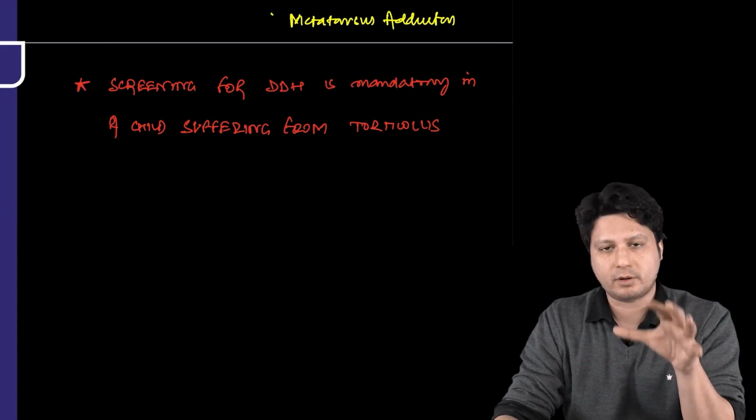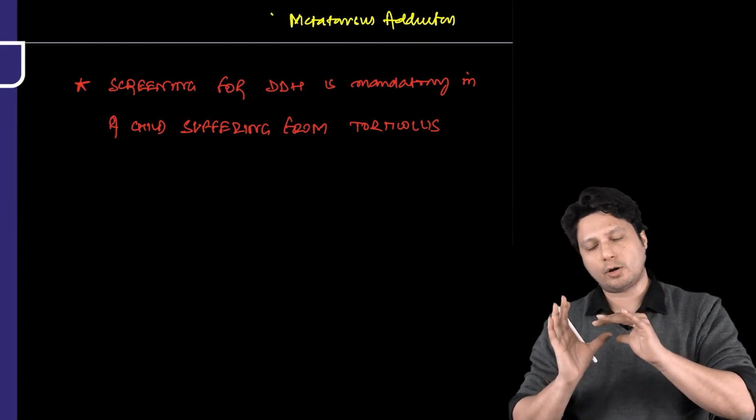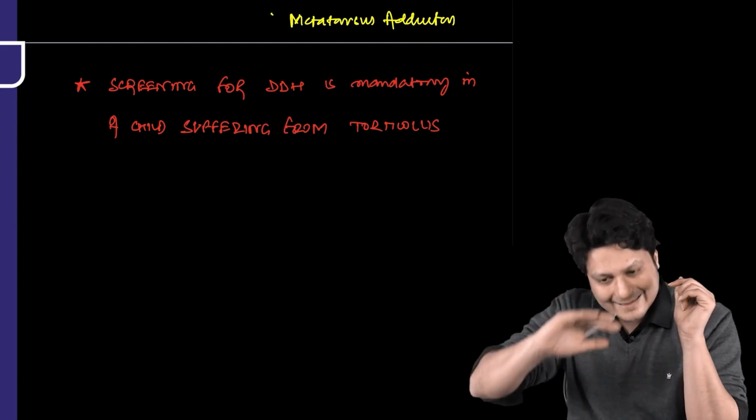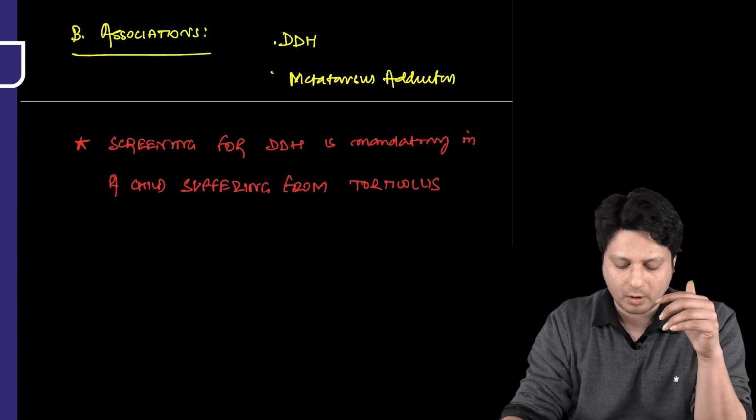But this is something you have to remember, that because it is found to be associated with it, whenever you see a child with the torticolic abnormality, screen the child for developmental dysplasia of hip also. So this is what you have to remember about the associations.